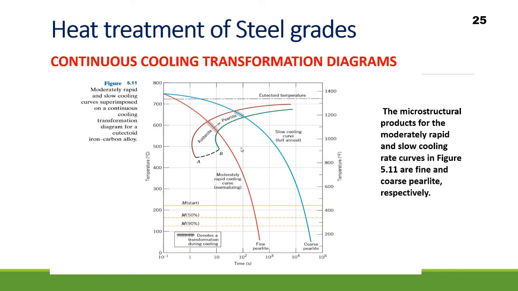And here you see AB is the nose, and as I said, the nose is the point where the transformation rate is highest. So you have to keep in mind that if there is no alloying element, there will be no bainite formation in the CCT diagram.